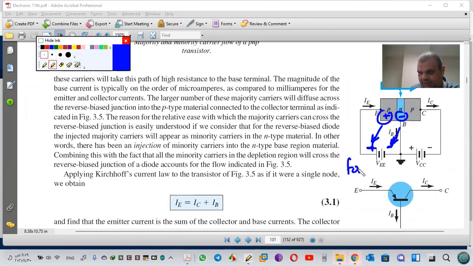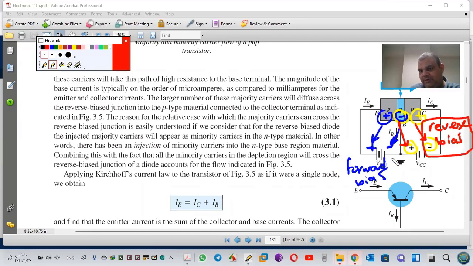So it's forward. Now we have negative, positive, but here we have positive, negative. So this one is reverse. So in a transistor we have two powers, forward bias and reverse bias.